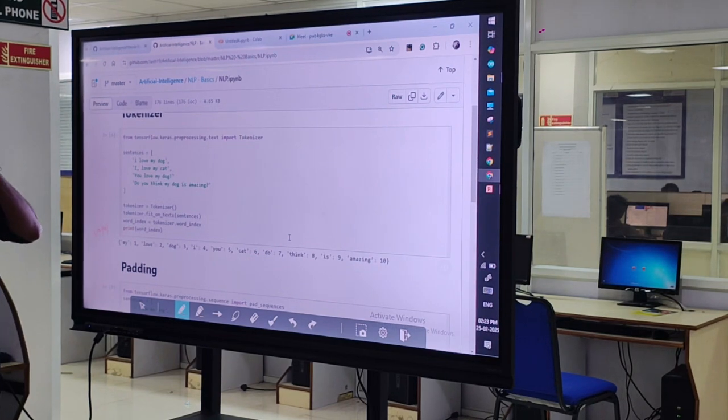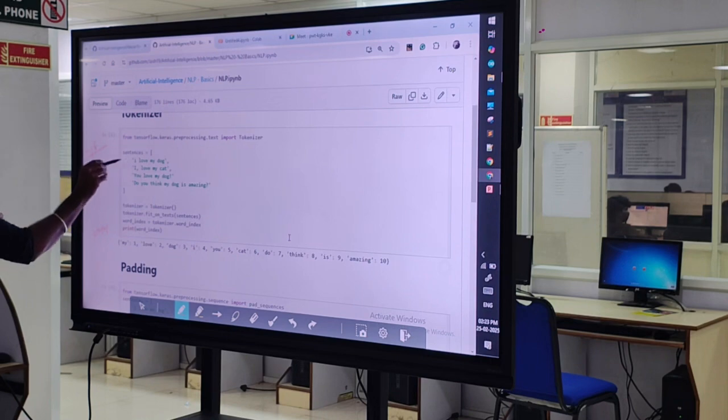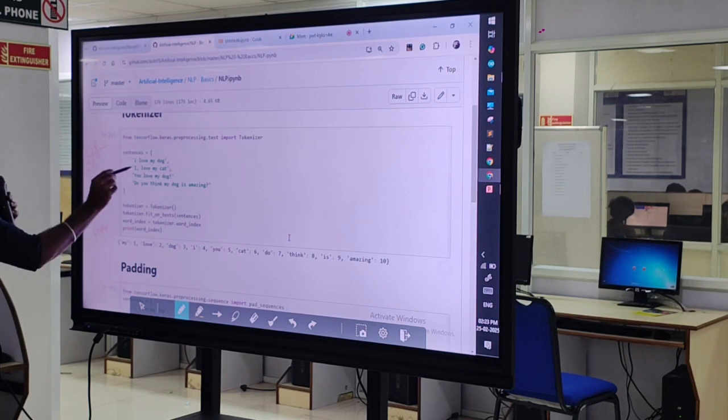We also have another thing, the word frequency technique. What is word frequency? Word and its frequency. Now if you see love, 1, 2, 3, 3 occurrences. My, 1, 2, 3, 4, 4 occurrences.